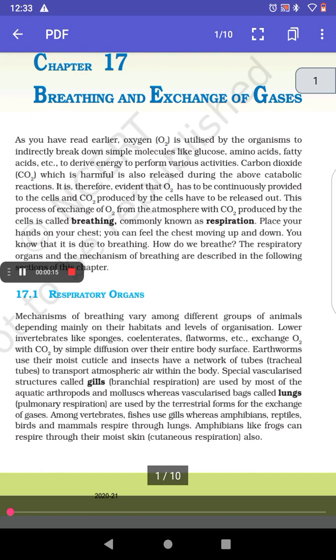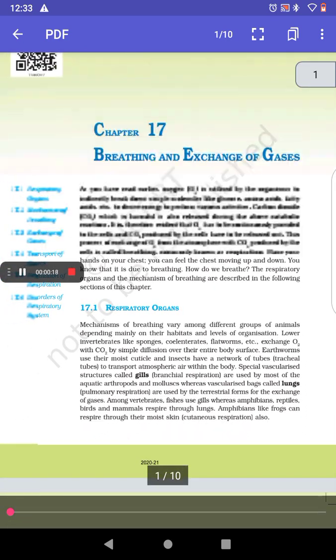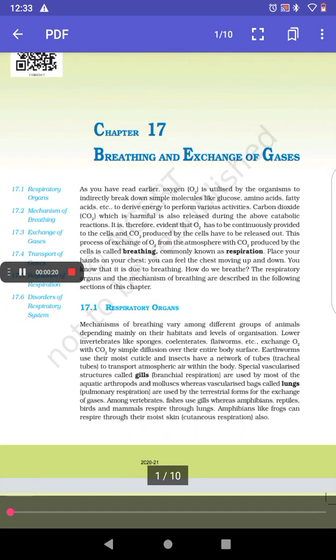First of all, there is an introduction given in the breathing and exchange of gases, as you all know, and there is a small introduction about what is meant by breathing and respiration.